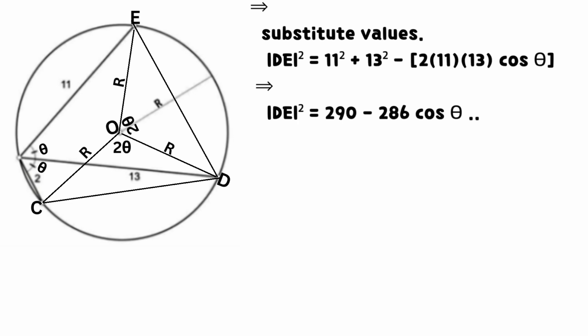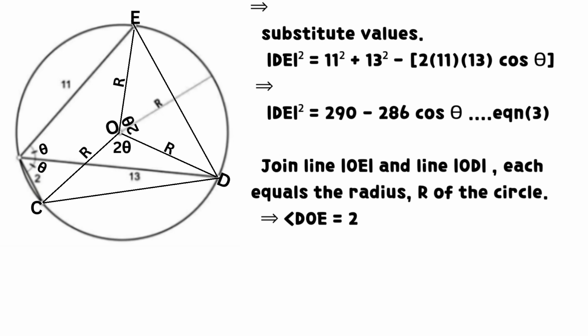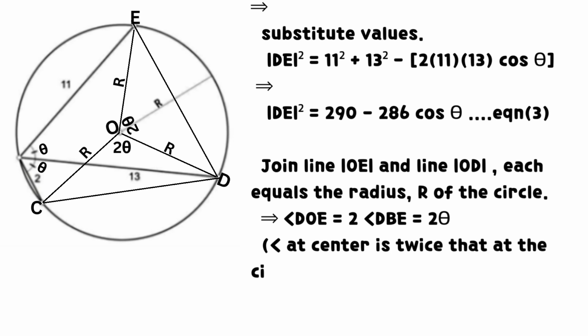Substitute values. The square of line DE equals the sum of the square of 11 and the square of 13 minus 2 times the product of 11 and 13 times cosine θ. It implies that the square of line DE equals 290 minus 286 times cosine θ. We call it equation 3.